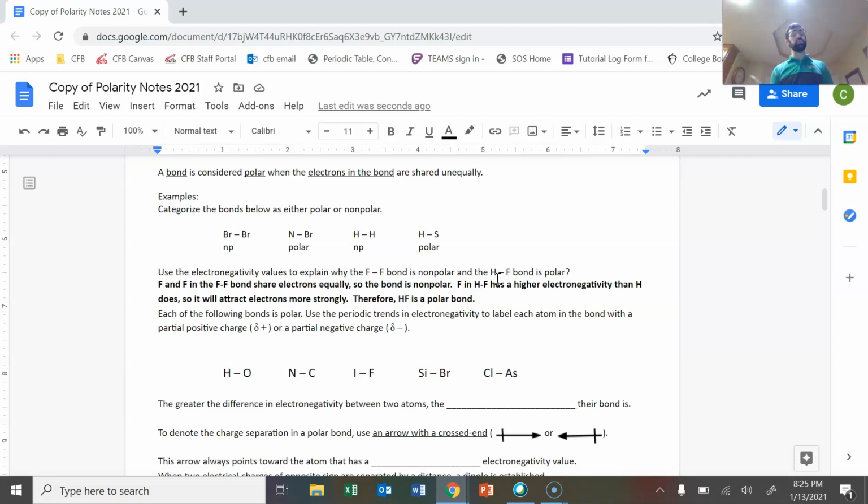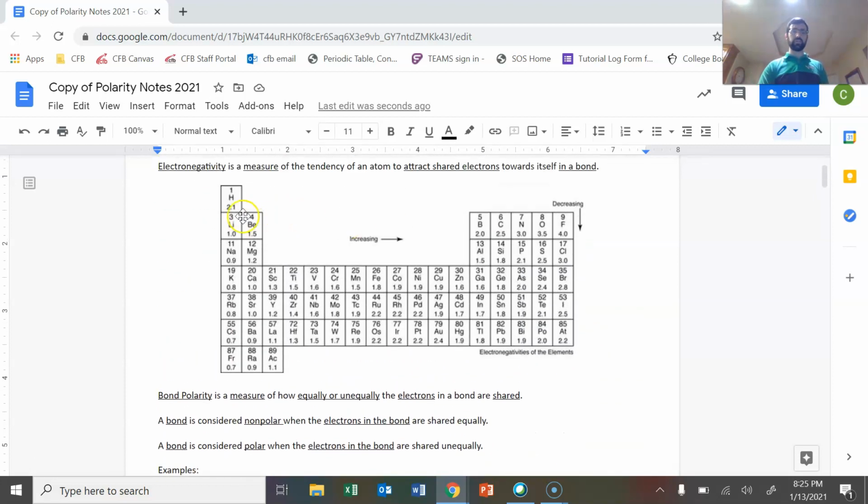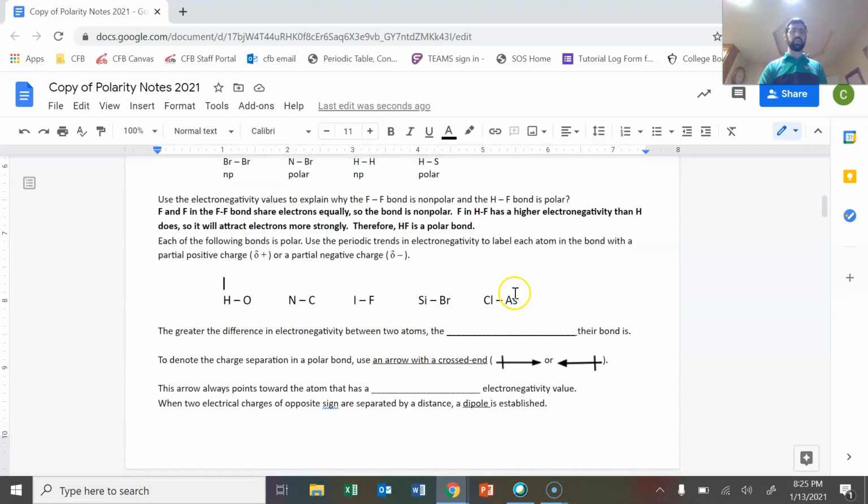That one is going to be more negative because it's attracting the negative electrons to itself. So if we go up to the top, hydrogen is 2.0, oxygen is 3.5. 3.5 is a higher electronegativity, so oxygen will be the partial negative charge and hydrogen will be the partial positive charge. So I'm just going to copy this and paste it right there. Put a couple spaces, and I'm going to copy and paste the partial negative sign right here.